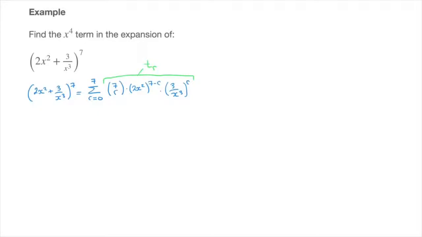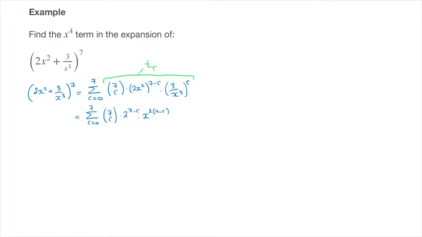Now, our first objective is going to be to simplify this general term as much as possible. In particular, we want to make sure that we reduce it enough so that there's only one x inside this term. Here we can see that we have two x's. So let's go ahead. We can state that this equals the sum from r equals 0 up to 7 of 7 choose r times 2 to the power of 7 minus r times x to the power of 2 times (7 minus r).